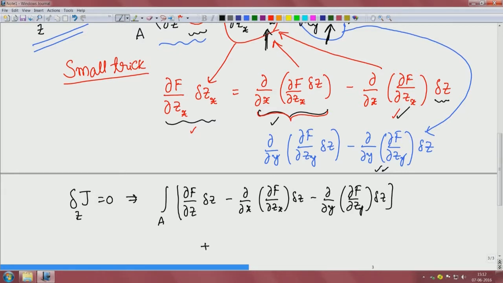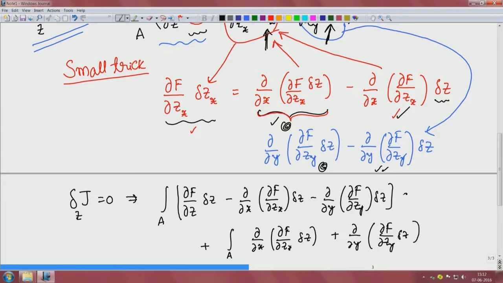On the other part, we have this quantity and this quantity, which I will write separately. Okay. So, what I have there is dou by dou x of dou f by dou z x delta z plus dou by dou y of dou f by dou z y delta z.